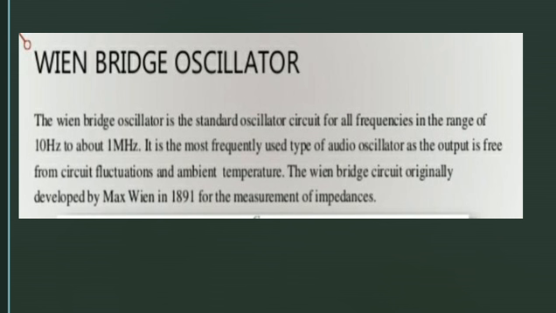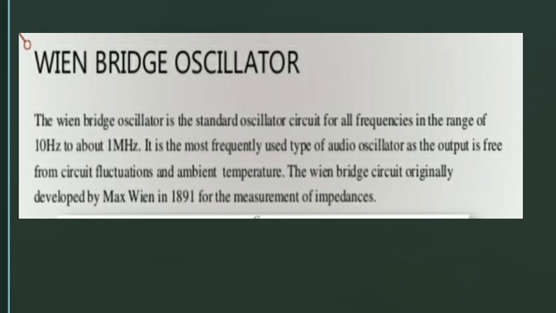What is the range? 10 Hz to 1 MHz. It is the most frequently used type of audio oscillator, as the output is free from circuit fluctuations and ambient temperature. So you should remember the range.